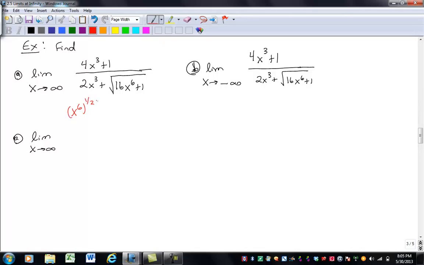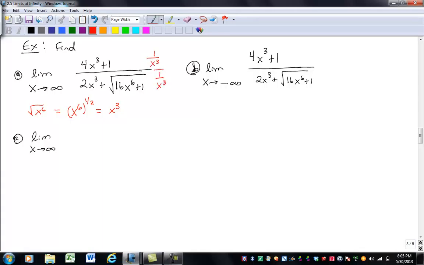That's what the square root is, the 1/2 power. And when you take the power of a power, you multiply, so you get x to the 3rd. So the square root of x to the 6th becomes x to the 6th to the 1/2, which is x to the 3rd, which is also the highest power. So in here, the highest power is x to the 3rd. So I'm going to divide everything by x to the 3rd.